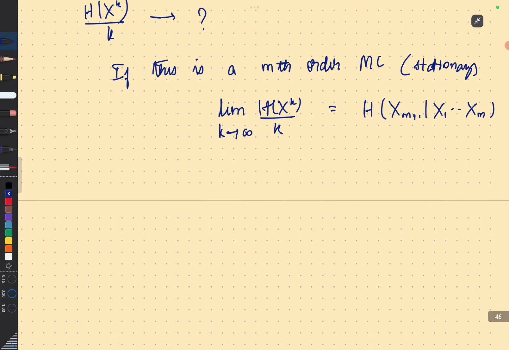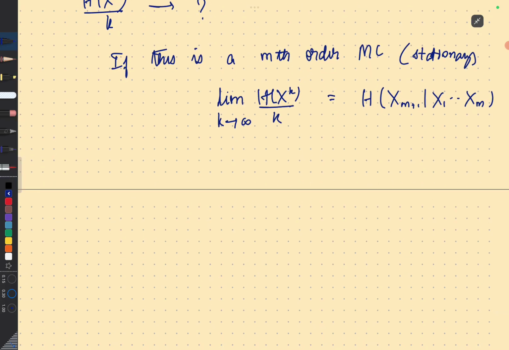But as it turns out, any stationary and ergodic source can be well approximated by an mth order Markov chain for large enough m. The degree of approximation would depend on m, but taking an m that is sufficiently large is usually good enough.